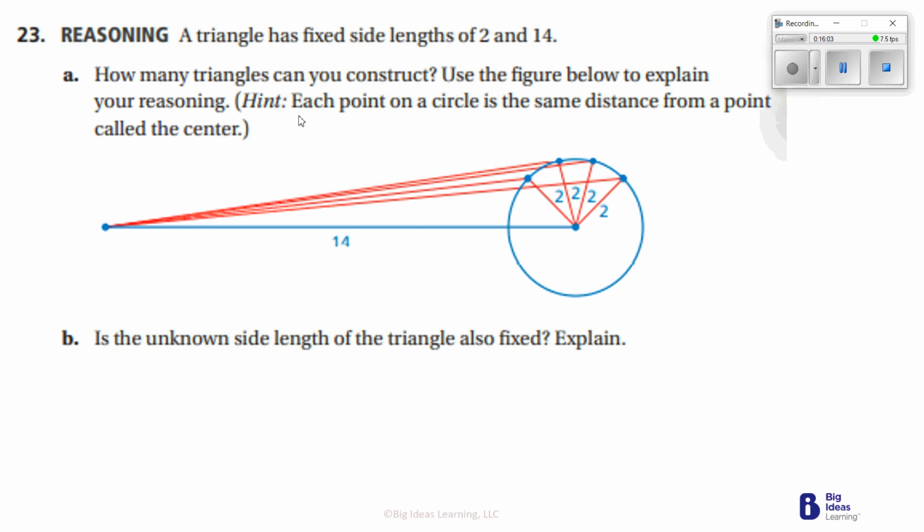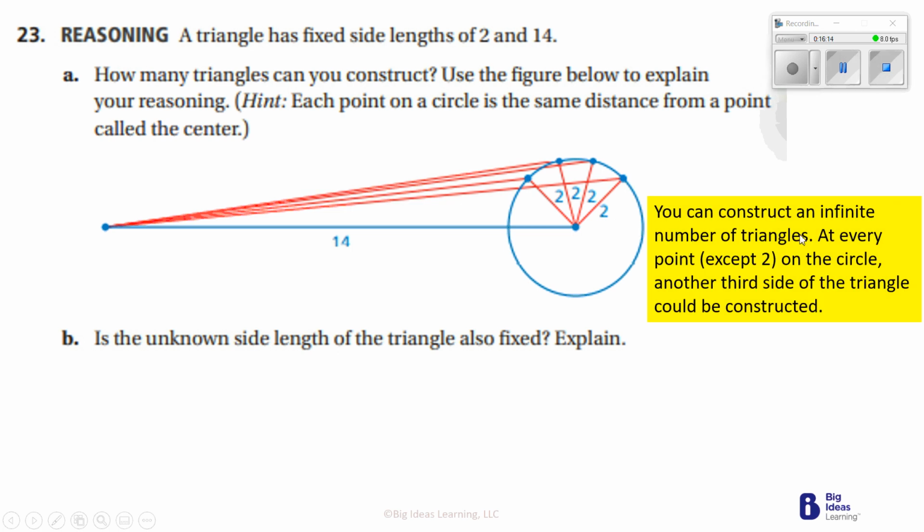Now, it says each point on the circle is the same distance from the point called the center. So you can construct an infinite number of triangles at every point except 2 on the circle. Another third side of the triangle can be constructed.